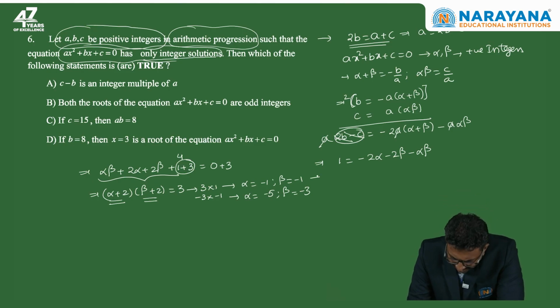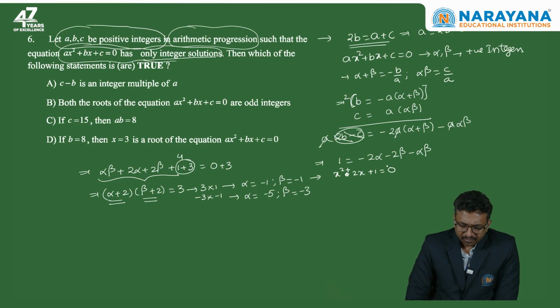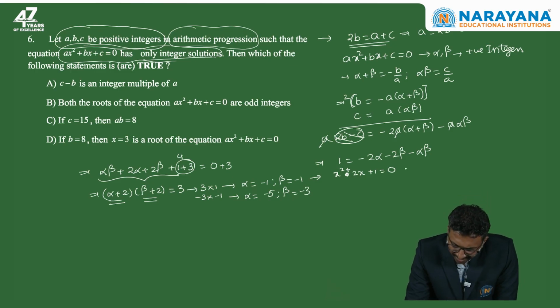So if you try to write the equation corresponding to this, the corresponding quadratic equation is x square plus 2x plus 1 is equal to 0, like x plus 1 whole square. So here the roots are minus 1, minus 1, right? This equation has all integral solutions, which is good.